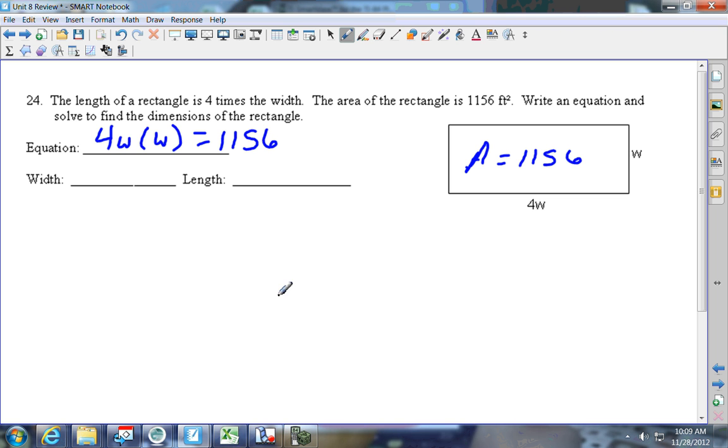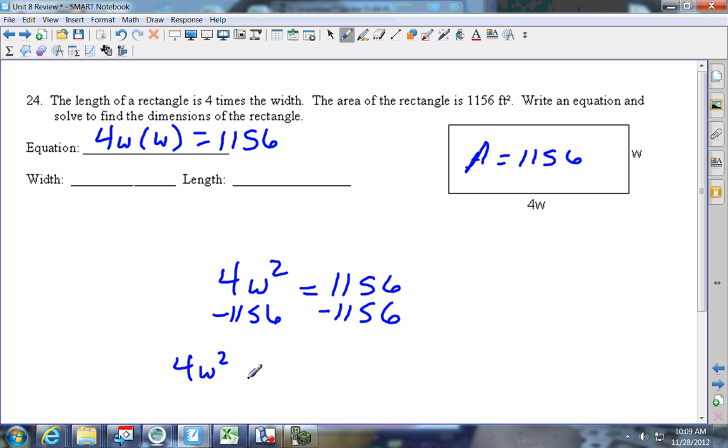Well, just like the other one we did, 4w times w is 4w squared equals 1,156. Subtract this to the other side. 4w squared minus 1,156 equals 0.